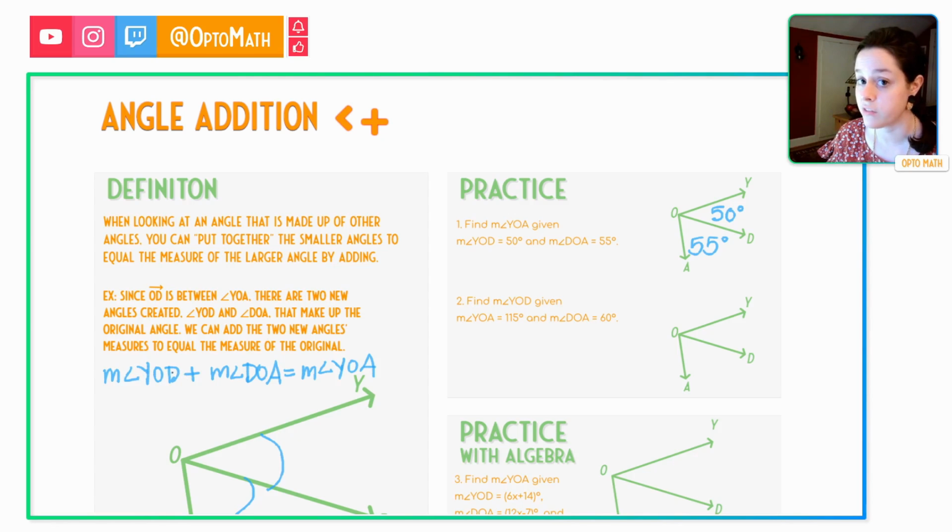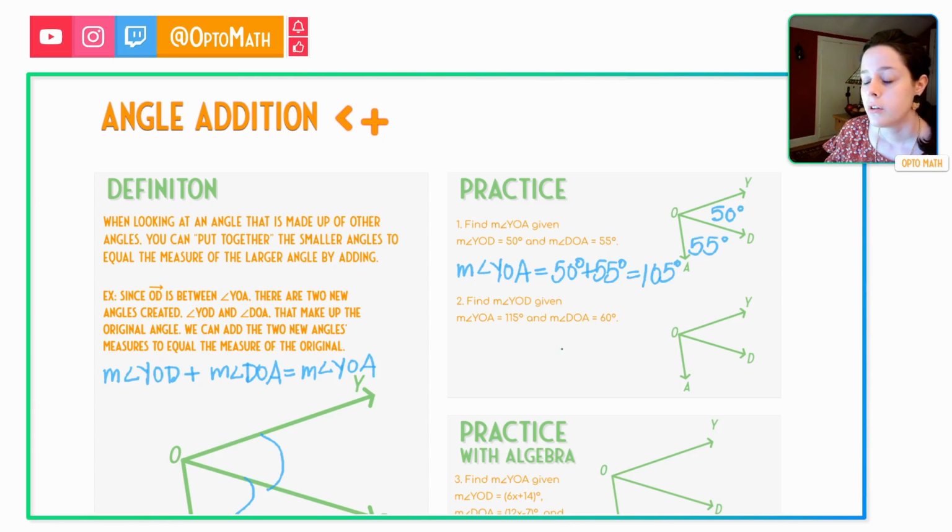YOD, which is 50, plus DOA, which is 55, equals YOA. And that's what we want to find here. So the measure of angle YOA is just the sum of those two angles. So 50 degrees plus 55 degrees makes 105 degrees. So that's the measure of angle YOA, and we're done there. It's just as simple as that.